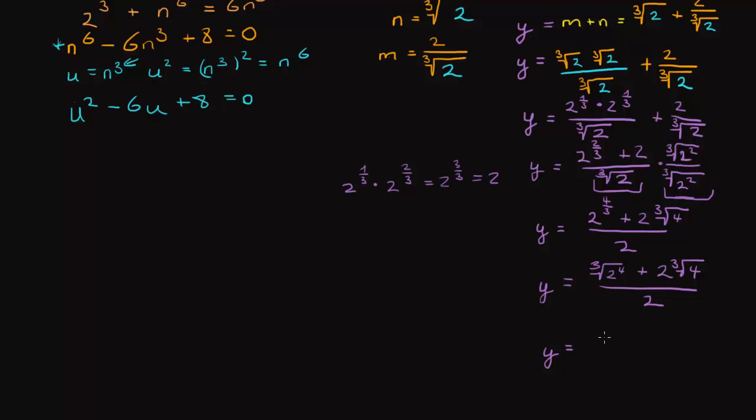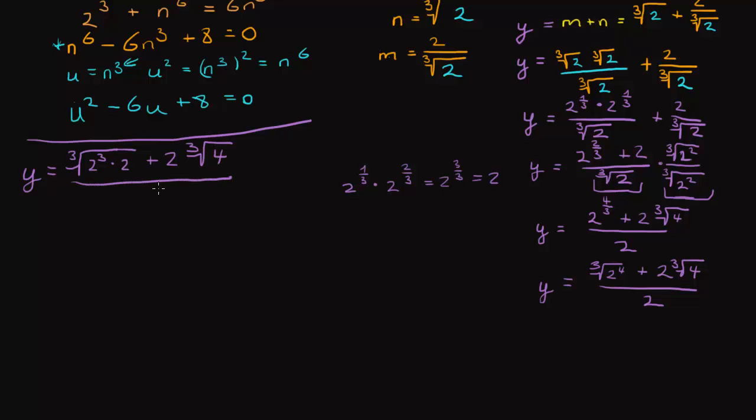Let me rewrite it. Let me continue this over there. So we have y is equal to the third square root of 2 to the third times 2 plus 2 times the third square root of 4 over 2. So this, let me switch colors. Maybe a green, haven't used that in a long time. This is equal to 2, right? The third square root of 2 cubed is 2.